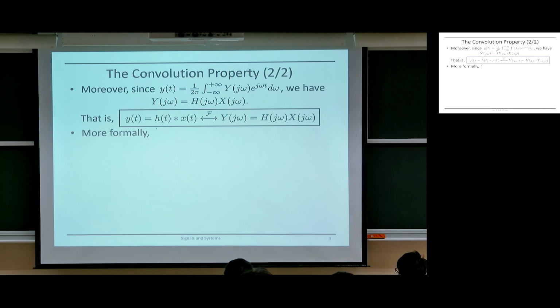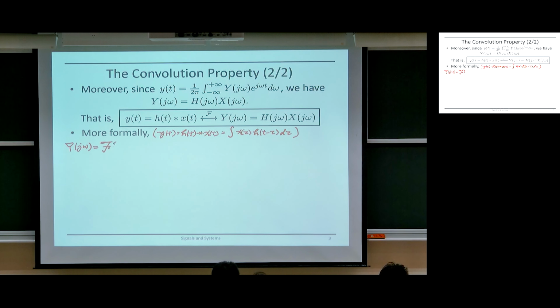Now recall that the convolution is just the integral of x of tau h of t minus tau d tau. Now I want to show that the spectrum of y is the multiplication of h and x.